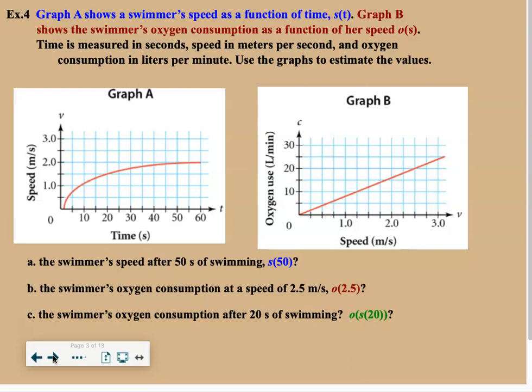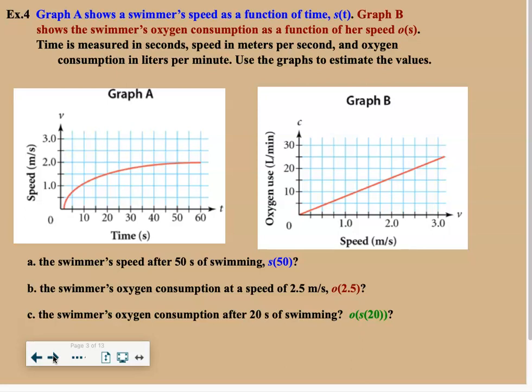So this first problem is talking about a swimmer. We have two graphs, graph A, graph B. Graph A relates the time that she has been swimming to her speed. So this is time in seconds, so it's just 1 minute of swimming. So time in seconds to how fast she's swimming in meters per second.